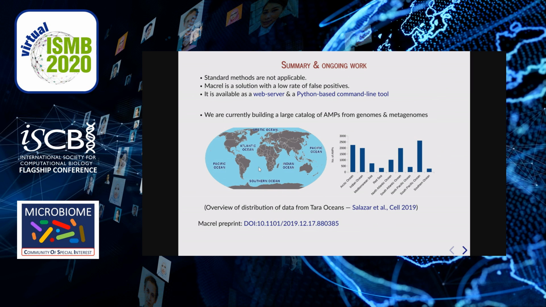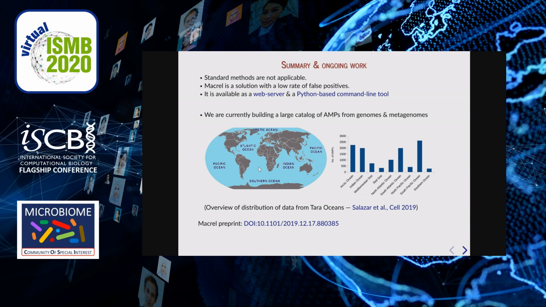In summary, what we want to do is mine AMPs from metagenomes, and the standard pipelines just couldn't be applied directly. So we built Macrel, and we've really optimized it to have a low rate of false positives, even at the cost of slightly lower recall. We've packaged this as a web server or as a downloadable command line tool that you can run on your side.